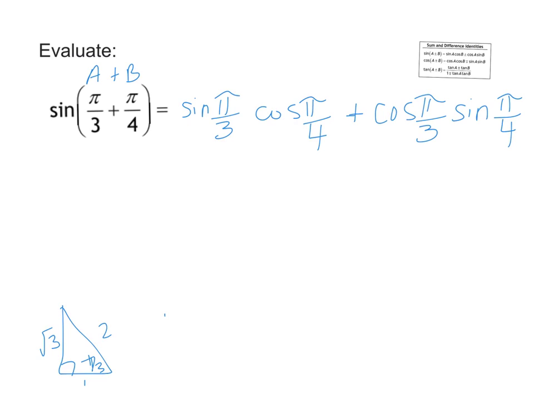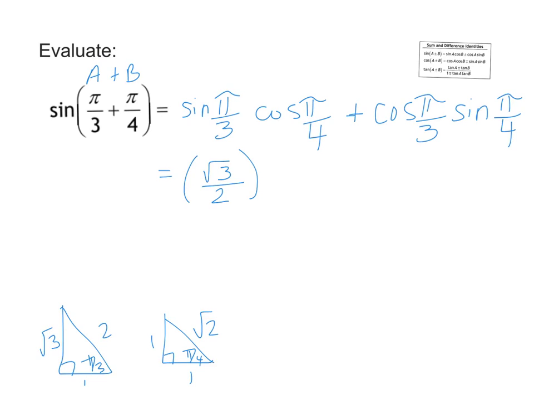And then since it's pi over 4 as well, I'll need the other one, 1, 1, root 2 with a pi over 4. So sine of pi over 3, sine is opposite over hypotenuse, so it's root 3 over 2. And it's positive because pi over 3 is in the first quadrant.